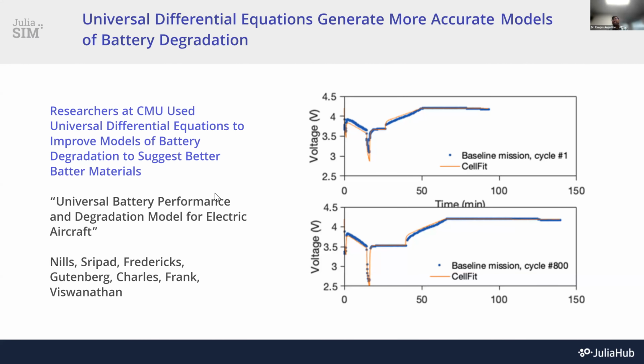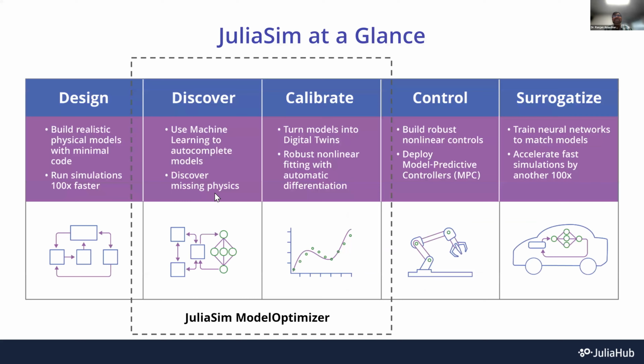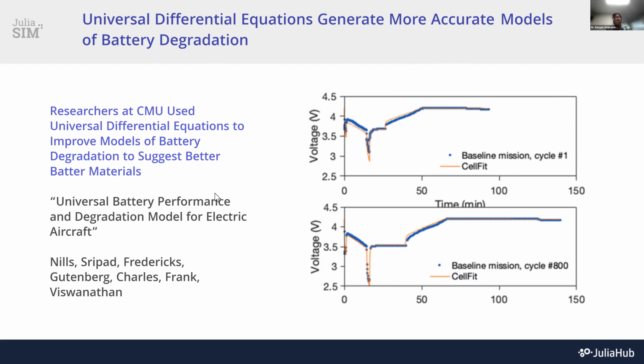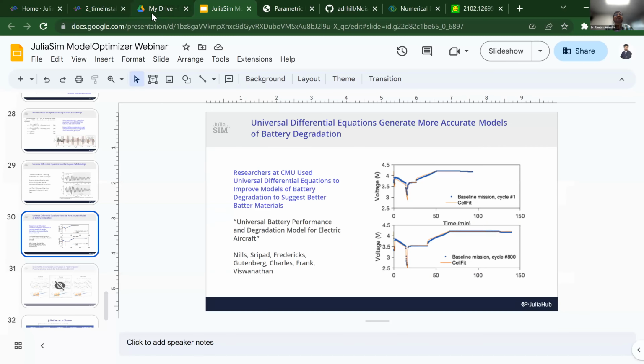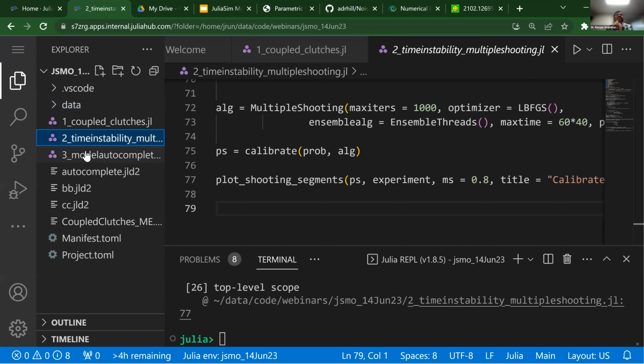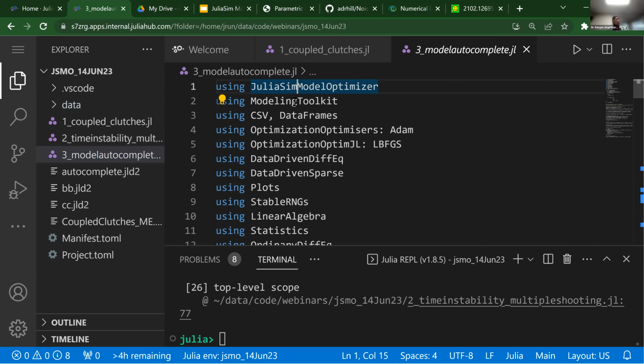What's even better is you can then take those data-driven terms and reinterpret them from a fixed basis of known physical terms. Let me show you what I mean by this. And that's our last demo for today before I conclude.